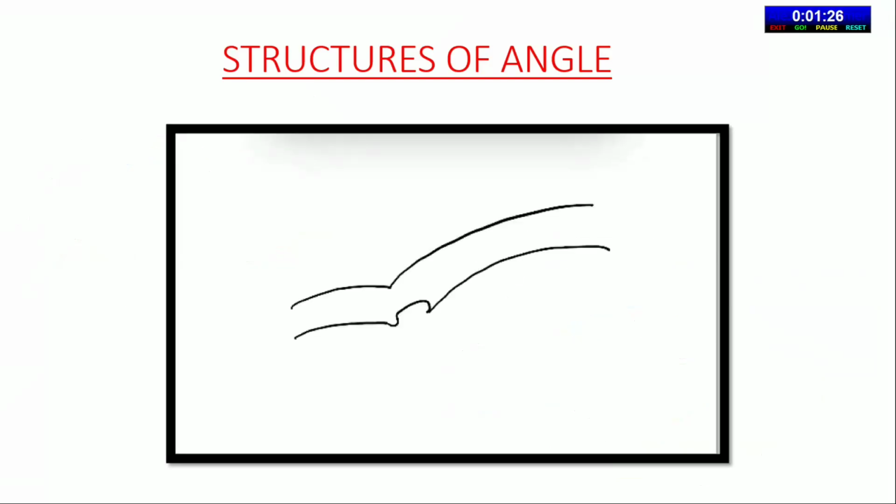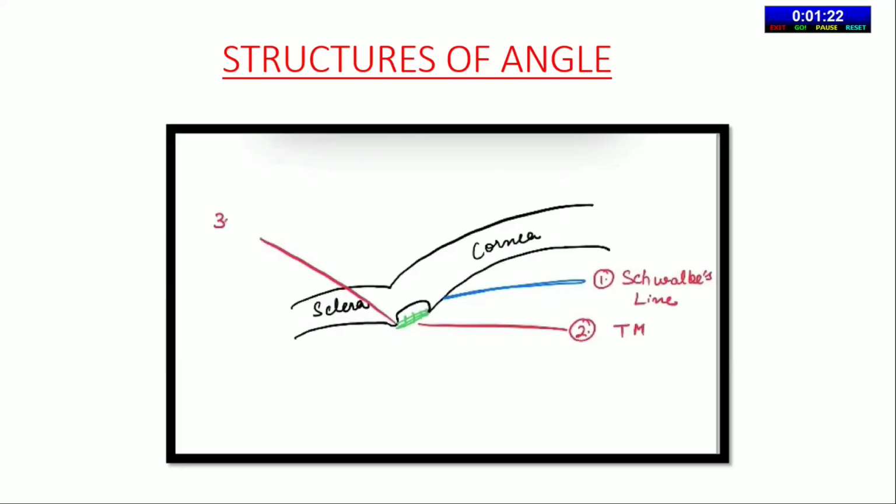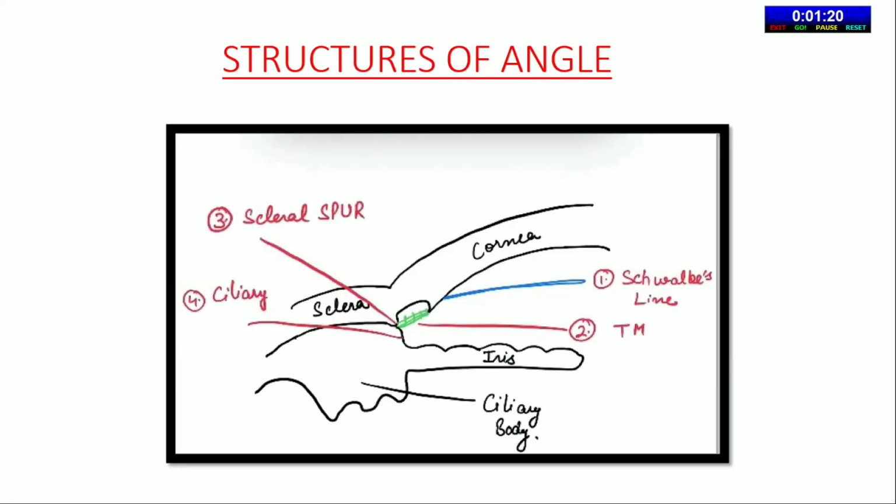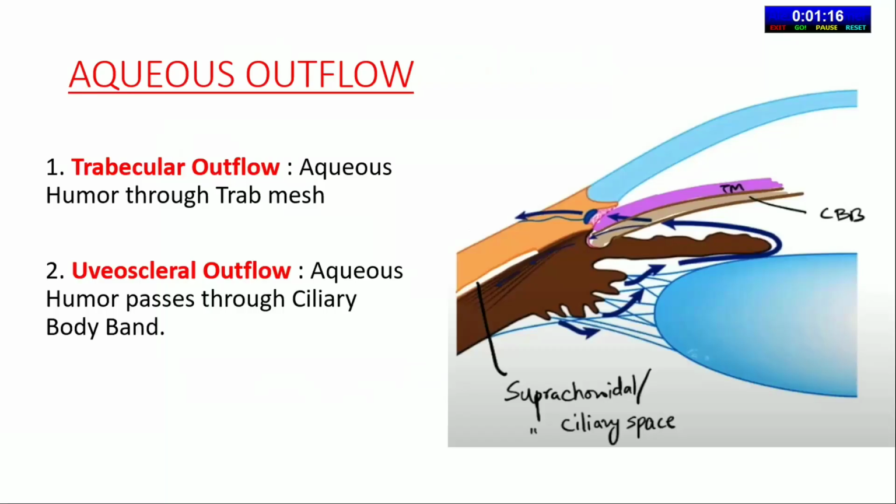So quickly we'll revise the anatomy of the angle. This is how the trabecular meshwork looks, for the second part of our class, that is outflow. So aqueous outflow is divided into 2 parts, that is trabecular outflow and uveoscleral outflow. Trabecular outflow is the main one, which is pressure dependent, and uveoscleral is pressure independent.